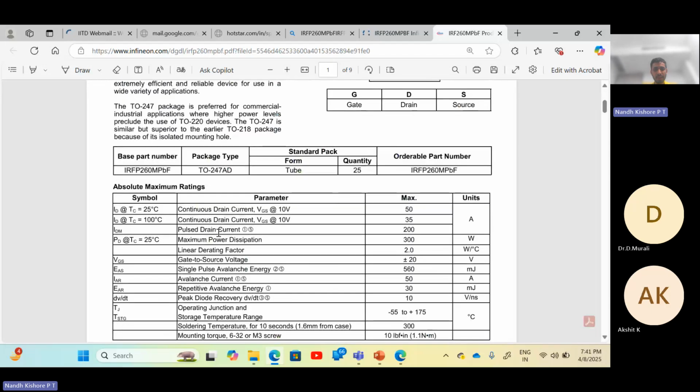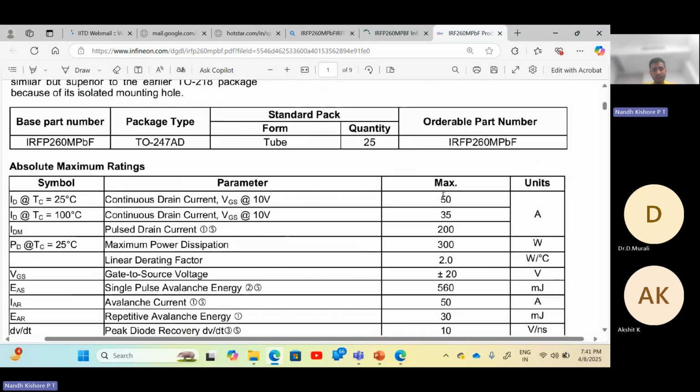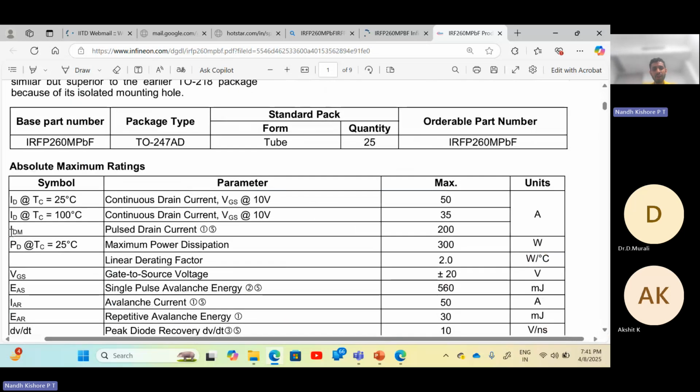Okay, you can see over here the pulsed drain current is 200 amperes, right? So the continuous drain current is 50 amperes at 25-degree case temperature, and the pulsed drain current is 200 amperes.